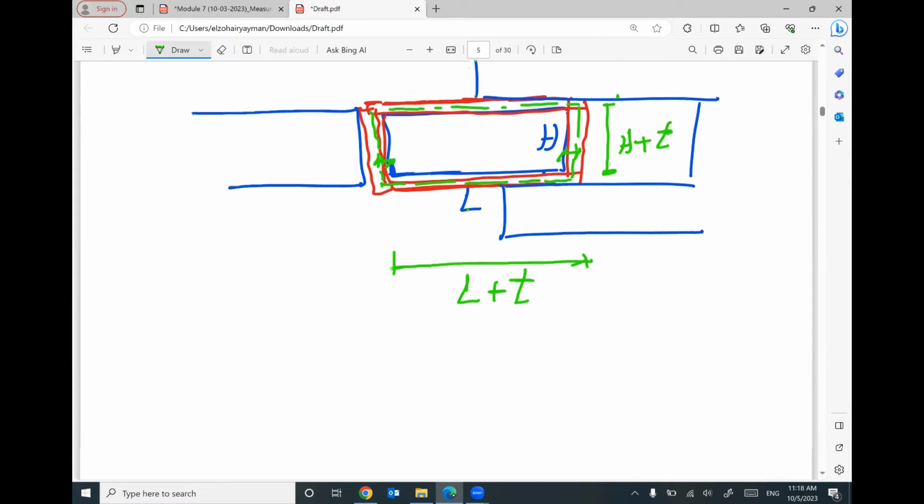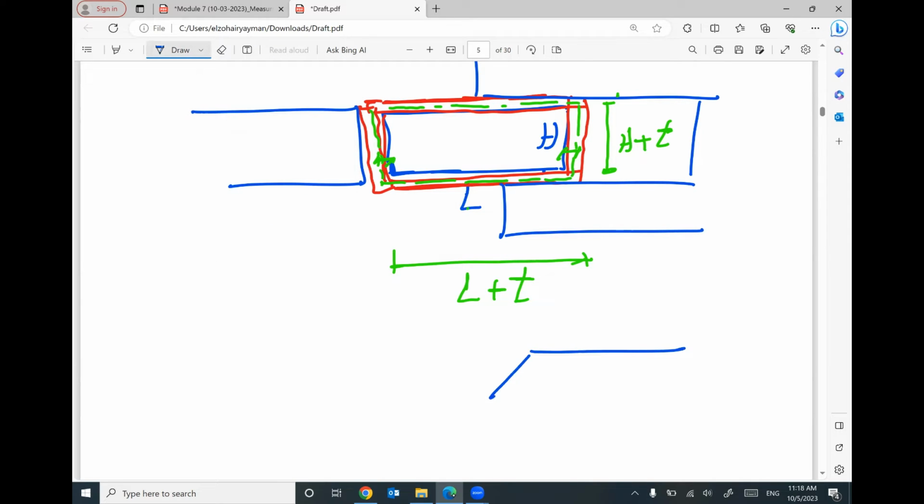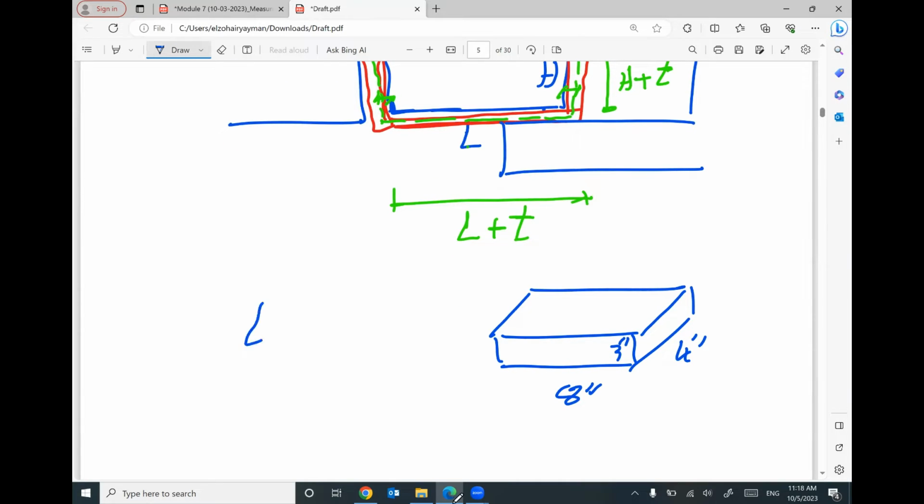So for example, if I give you a brick with 8-inch, 3-inch, and 4-inch dimensions, and I give you a thickness for the mortar joint, this thickness equals 0.6 inch.